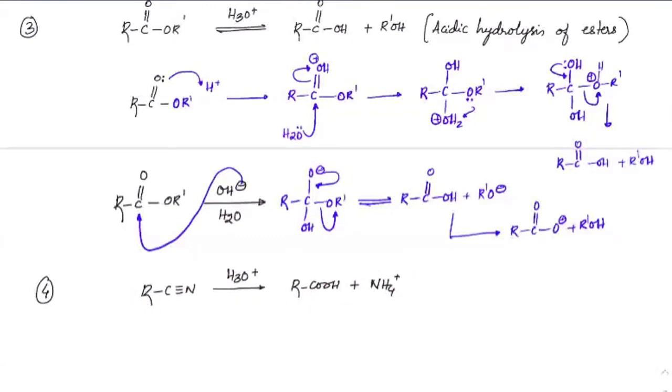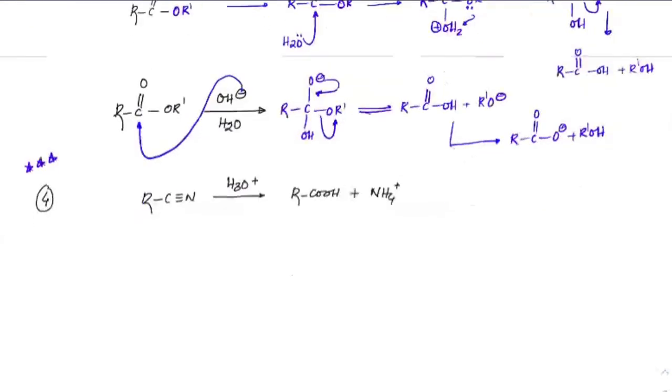So let us focus on this part now. How cyanides, on hydrolysis, give acids. Okay, let's see. So basically first we have RC triple bond N in the presence of H plus. First we will have RC triple bond NH plus.